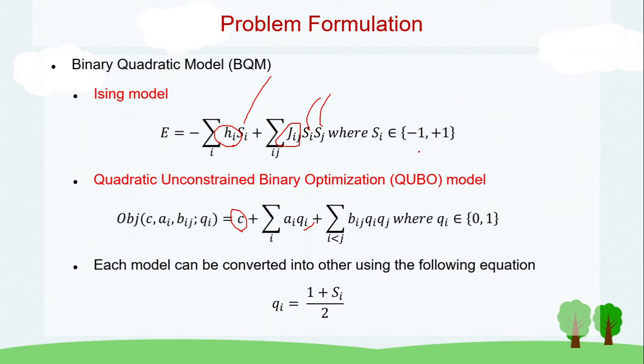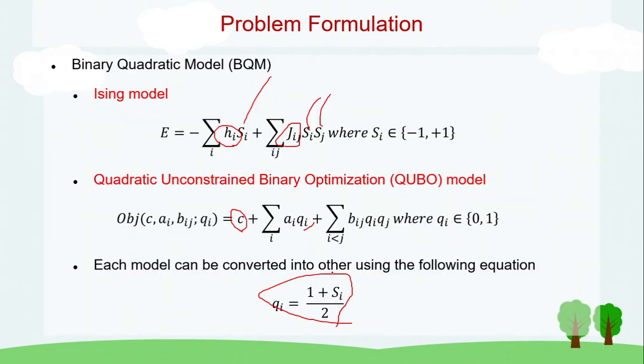This is slightly different, but you don't have to worry. Both models will give the answer in the same way. If you want to convert from one model to the other, you can use this equation. Literally they are one and the same.